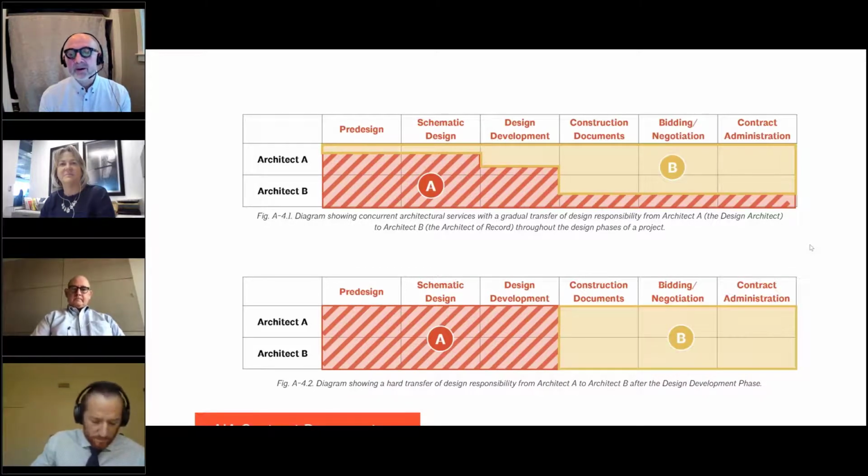But to truly collaborate, you really need to have the entities discussing right from the beginning. And for me, that's the ideal scenario. I think from our discussions with interviewing architects and owners during the process of developing this document, we believe that's pretty much a commonly held feeling, that that's a good way to do it and is maybe the most common.